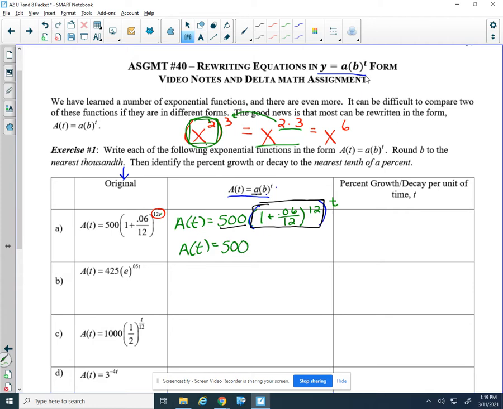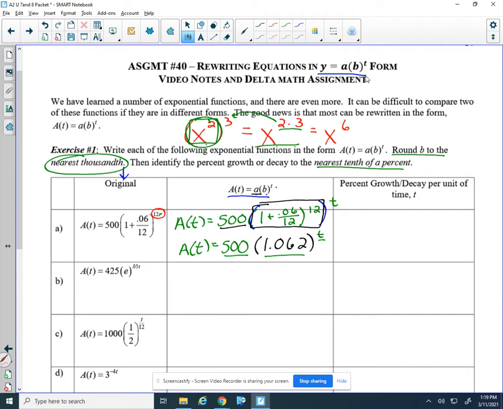In my directions, I'm rounding to the nearest thousandth for b, and then the next step will go to the nearest tenth of a percent. If I type this in my calculator, this comes out to 1.062 to the t. So this is a times b to the t form.